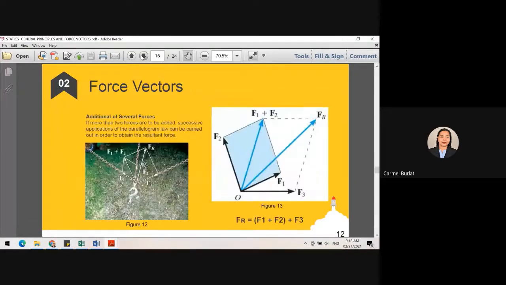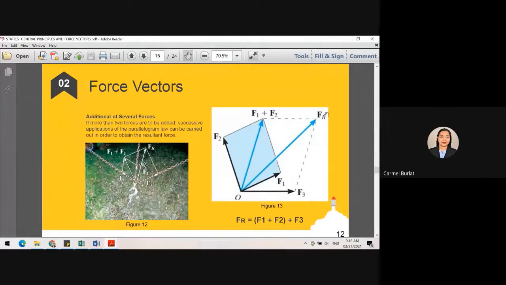Next. So the same ra gyapon ni siya. Addition of several forces. This is the pinaka resultant. But you have your F1, F2, and F3.